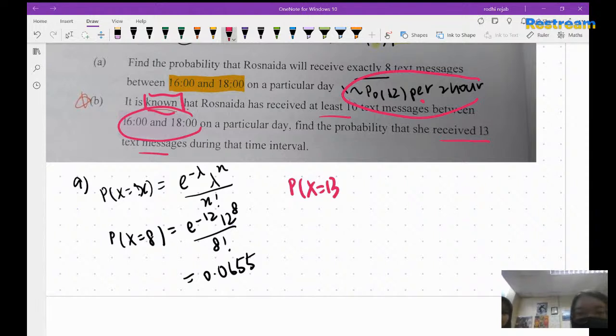So kami kena buat yang ini. Faham tak? Sebab ini known that, this one is the condition. Sini sudah bagi satu condition. Dia nak ada condition ni baru ada yang belakang ni, receive 13 text messages.